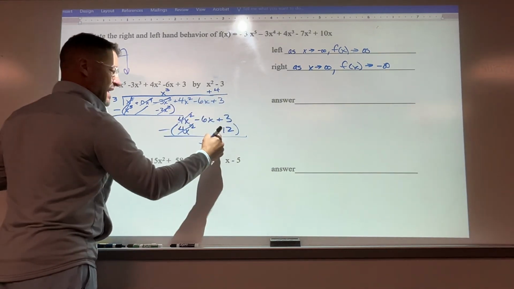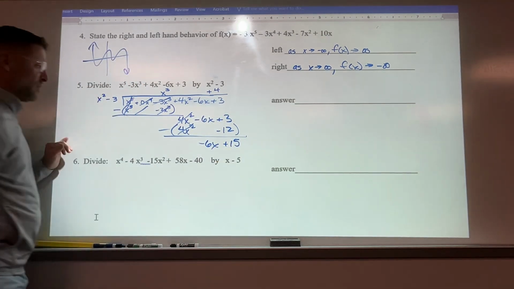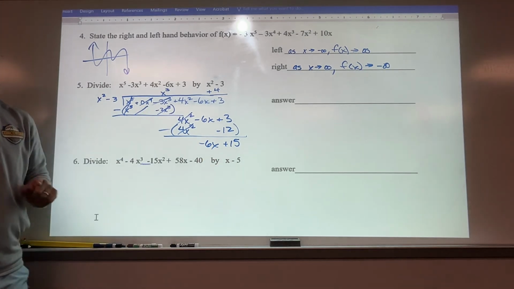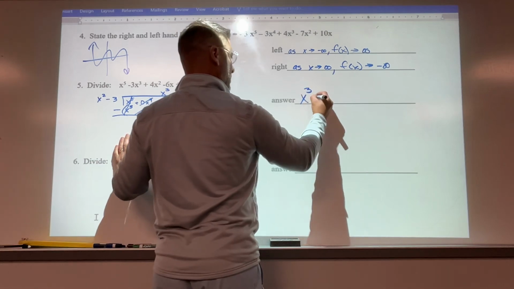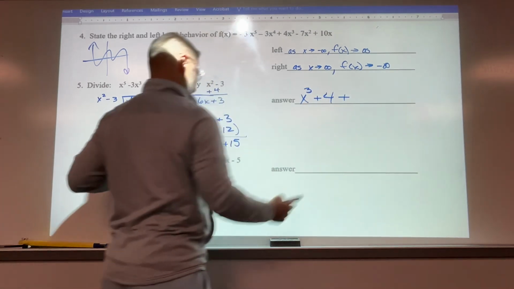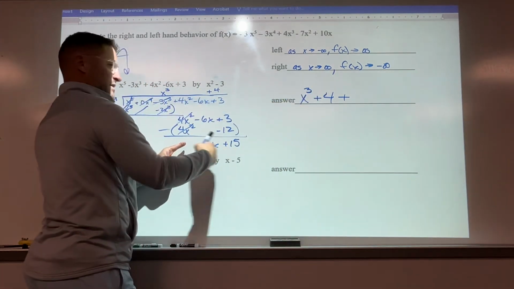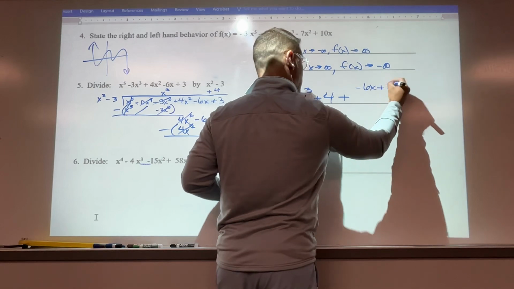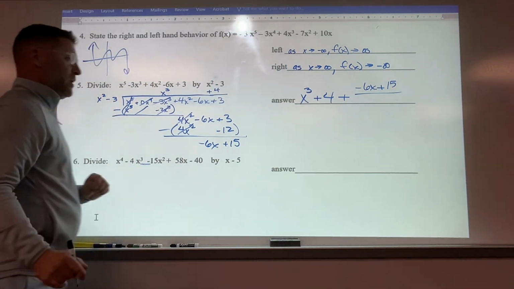And 3 minus a negative 12 is 3 plus 12, which is 15. So x squared won't get into x anymore, so that's my remainder. And don't put r. Here's how we're going to write it. X cubed plus 4 plus the remainder, which is negative 6x plus 15, all over what did the dividing, which is x squared minus 3.